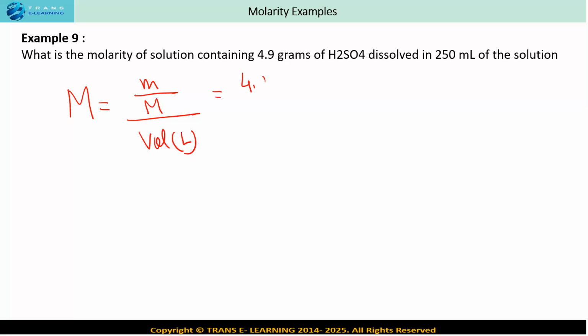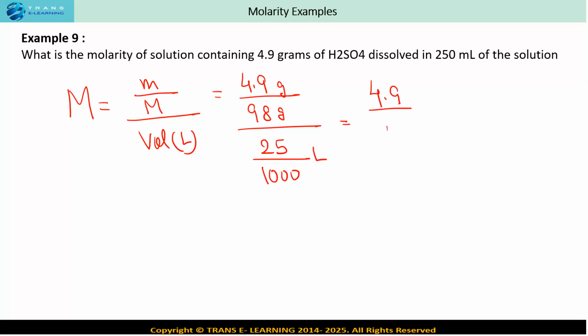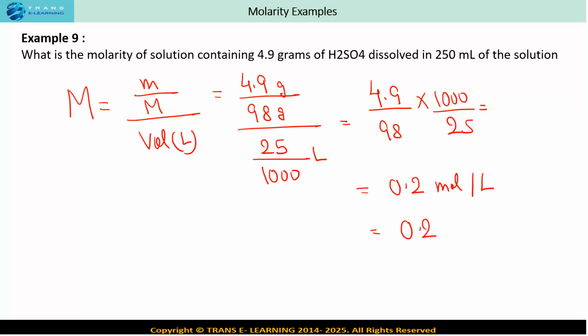Now the given mass is 4.9 grams, the molar mass is 98 grams, and for the volume of the solution in liters, we divide 250 by 1000 to convert it into liters. So now we have 4.9 upon 98 into 1000 divided by 250. On solving this, we get 0.2 moles per liter, or we can write 0.2 molarity. Is that clear? So this is how we calculate the molarity.